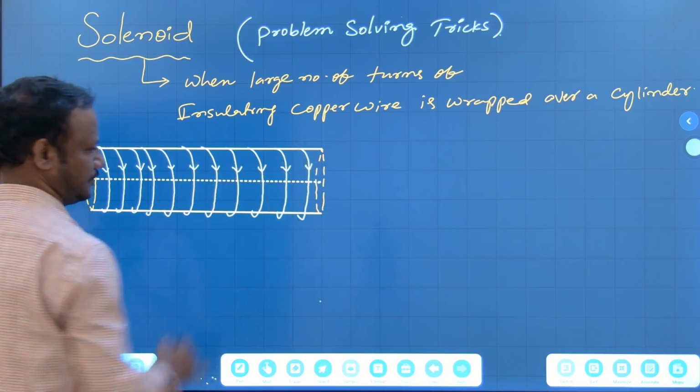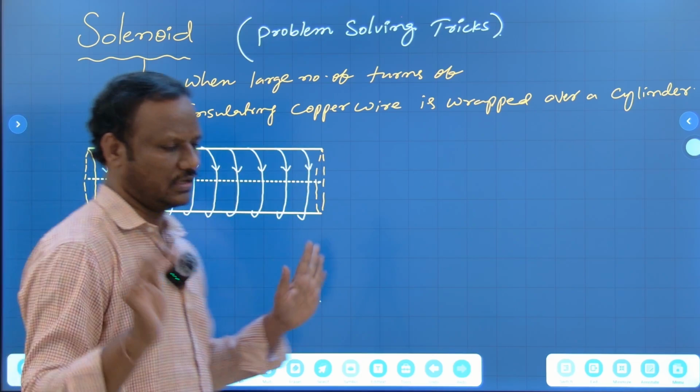The number of turns is N. So this is a solenoid.